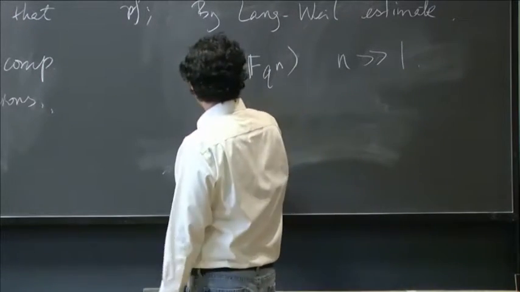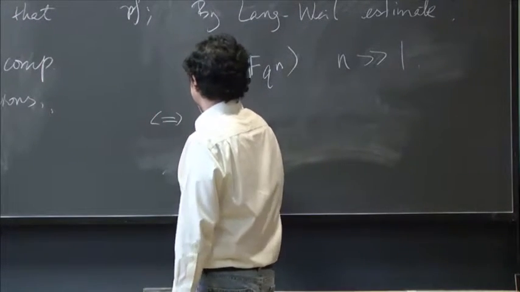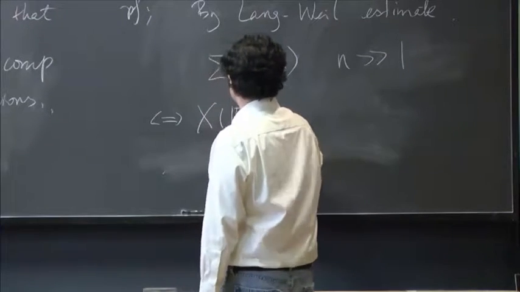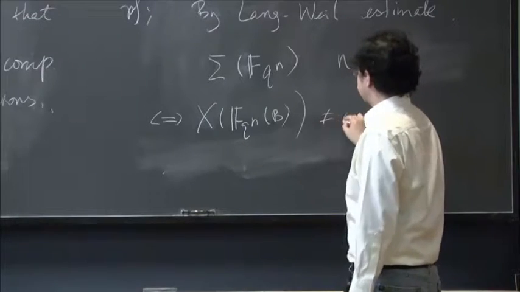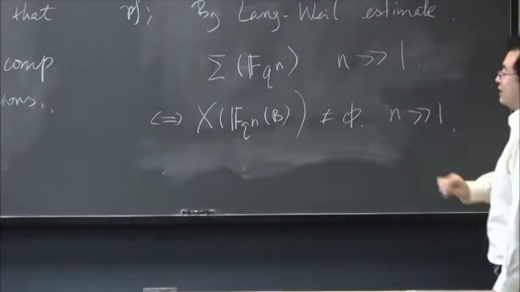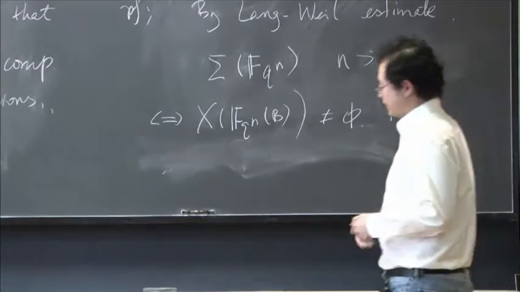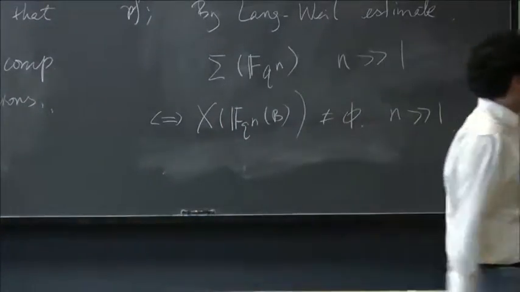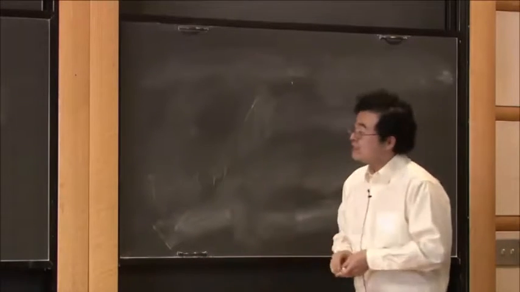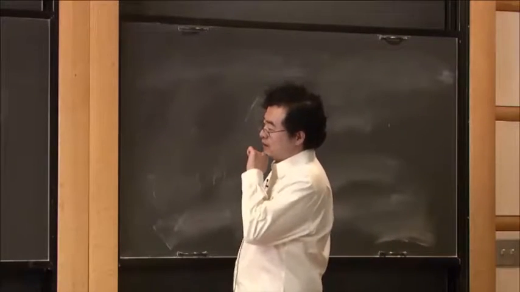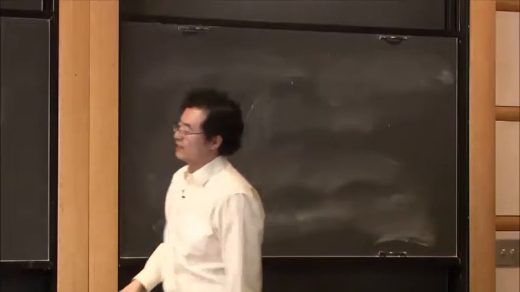So, of course, this is the same as saying that X has an FQ to the n rational point, right? It's not empty. Okay. For n really large. So the idea is to show that, okay, here X is actually a quadric, right?